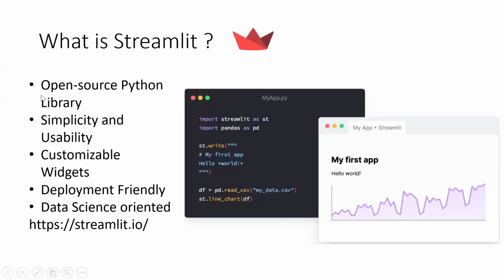So what are the other features? For example, it has simplicity and usability. It has customizable widgets and it's very deployment friendly. And most importantly, it is data science oriented, in the sense that the creator of Streamlit has a special focus on data science.